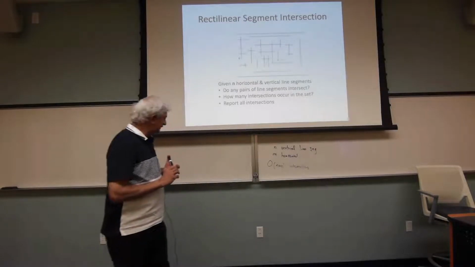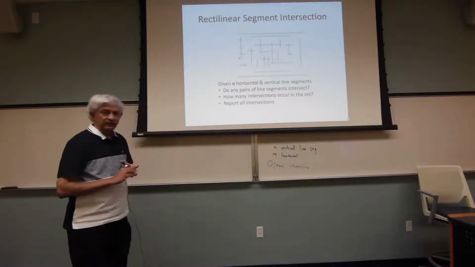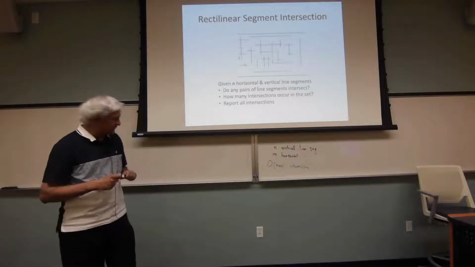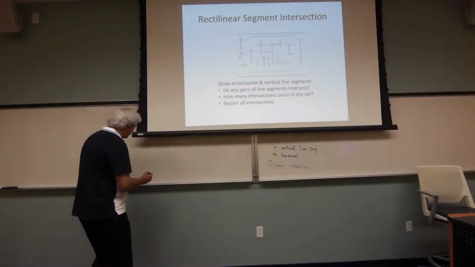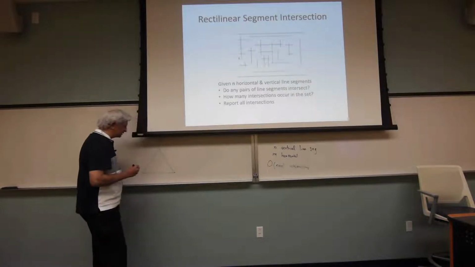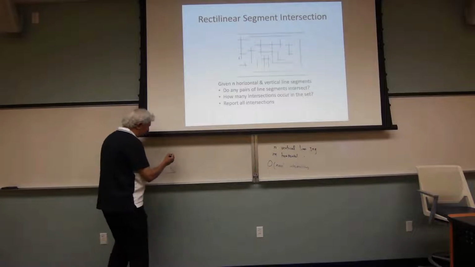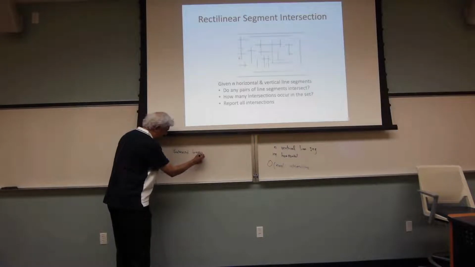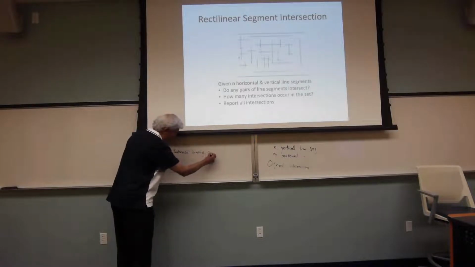In order to understand this, we're going to first start with understanding a basic data structure. I'm just trying to make sure that everyone is on the same page in terms of understanding this data structure. The basic data structure we're going to assume is what is called a balanced binary search tree.